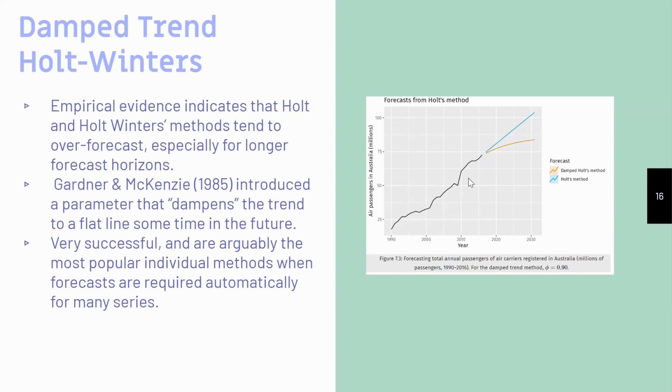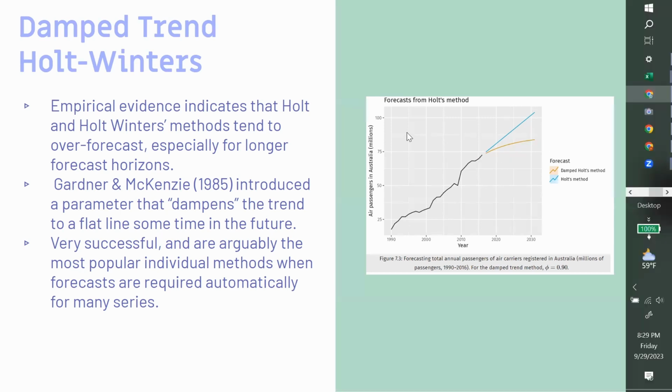But in reality, a lot of statistics asymptote, they flatten out. So in order to prevent that, these two people introduced a parameter called the dampness, and that essentially makes sure that the trend doesn't make the data go too high up. It cuts it off and pushes it down, so it makes it more realistic.